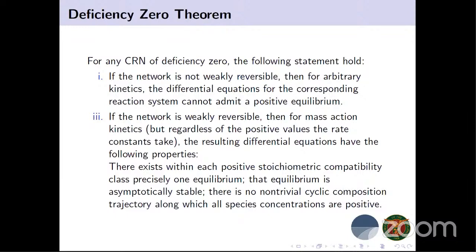So here we can see that, of course, this is very useful for deficiency zero networks. For the first condition, for those networks that are not weakly reversible, this is the conclusion. And for the third one, for weakly reversible, we have to consider mass action kinetics. And then this is the conclusion.